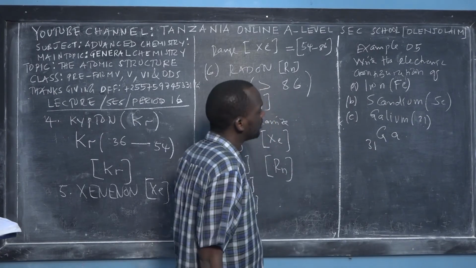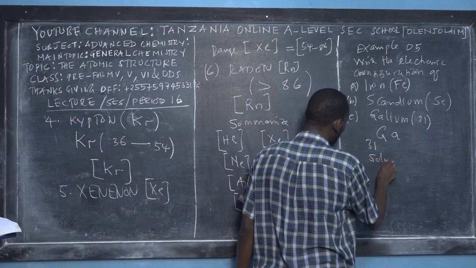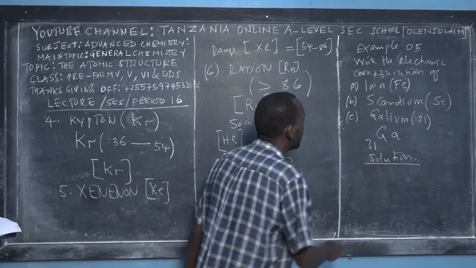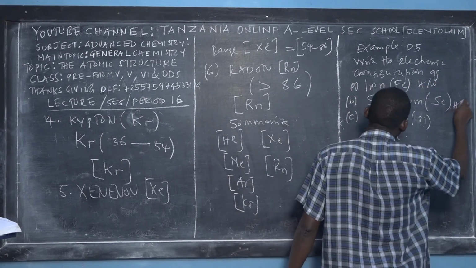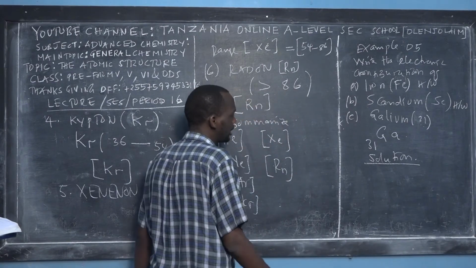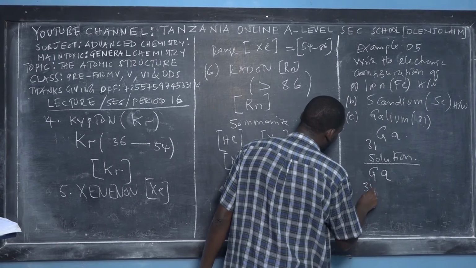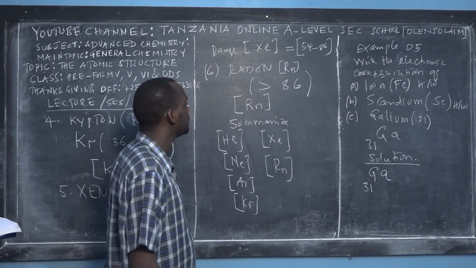Right? So for example, listen. So the solution. Also for gallium, then this will be your homework. Gallium has a total of 31 electrons, right?